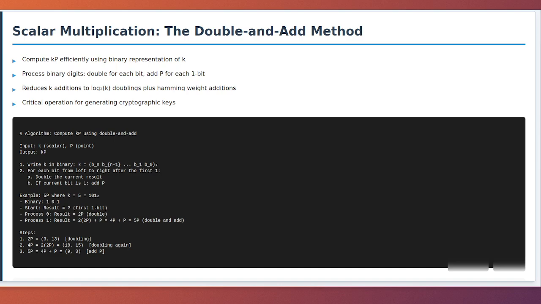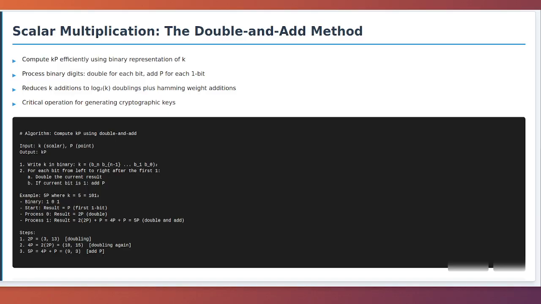For example, 5 equals 4 plus 1, or in binary, 1 0 1. So, 5p equals 4p plus p. We can compute 4p by doubling twice: 2p, then 2 times 2p equals 4p. This way, computing kp requires only about log base 2 of k doublings plus the number of 1 bits in k additions, much faster than k additions.